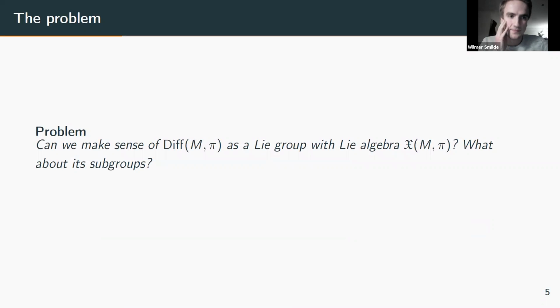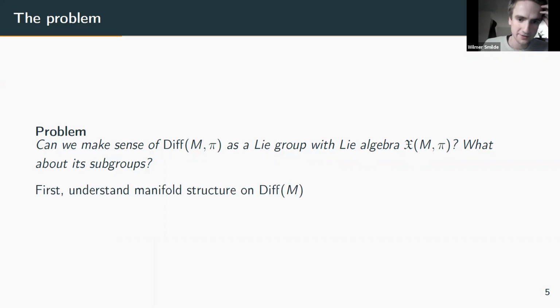So now I can introduce the problem. Can we make sense of the Poisson diffeomorphism group as a Lie group? And by Lie group, we mean an infinite dimensional Lie group. And also, make sense of here means that its Lie algebra should coincide with the Poisson vector fields. And you can also ask the same question about its subgroups.